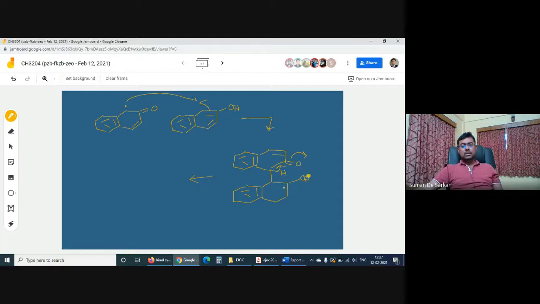It really needs another single electron transfer here, because this ring cannot get aromatization while this extra electron is there. So here the same thing happens: Fe plus 3 will take one electron and become Fe plus 2. This is basically a single electron transfer process and forms a cation there.